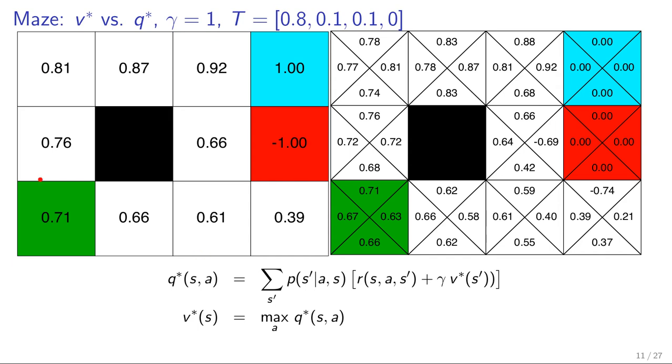And one final point is that it's the fact that you have, say, 0.71 here. It's not just that you're trying to get here in these steps, and only if you're lucky, in all those steps, 80% of the time you will actually get there. That's how you get to the 1.